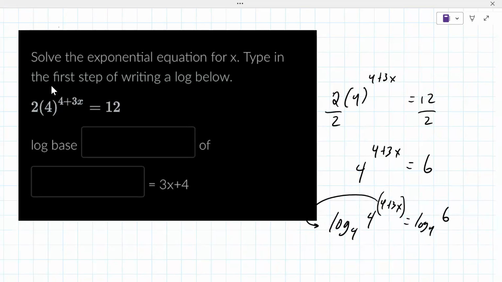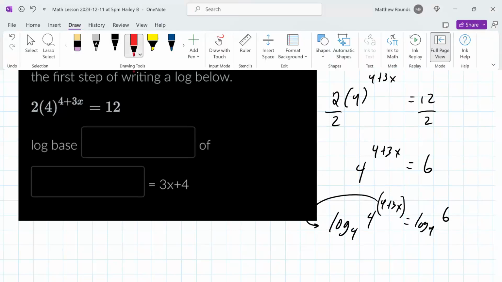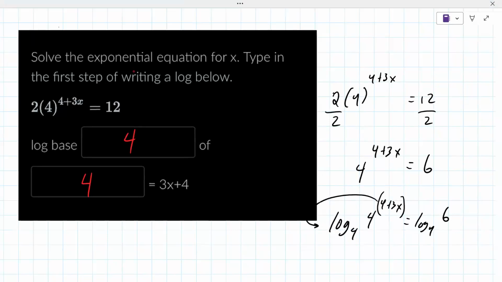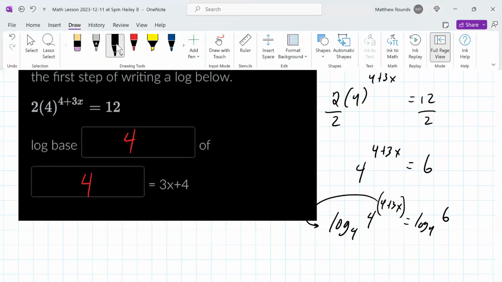I guess this is what it wants. That doesn't seem right. Would it just be log base 4 of 6 equals?